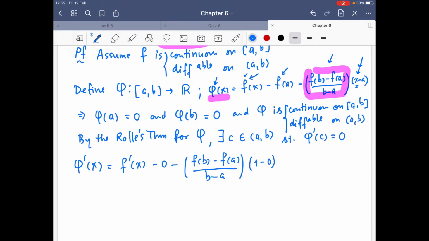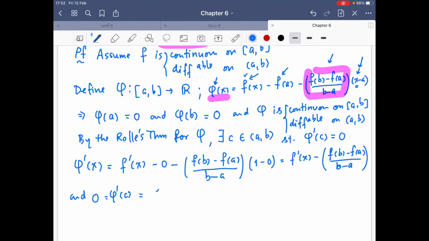So this becomes f prime x minus this quotient, (f(b) minus f(a)) over (b minus a), and your phi prime at c will be 0.